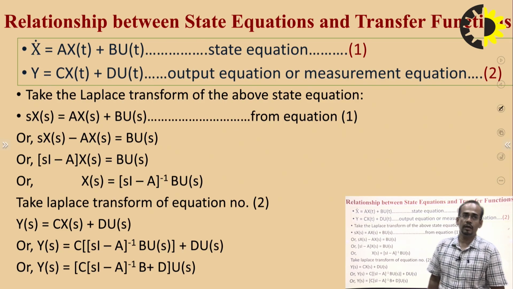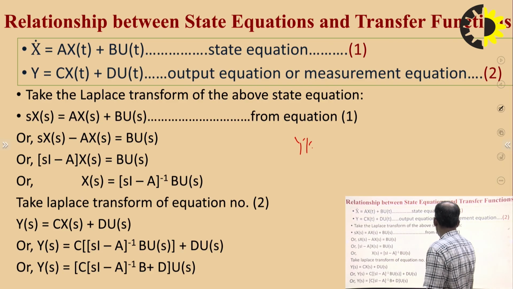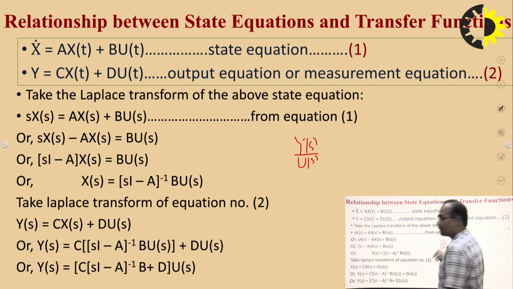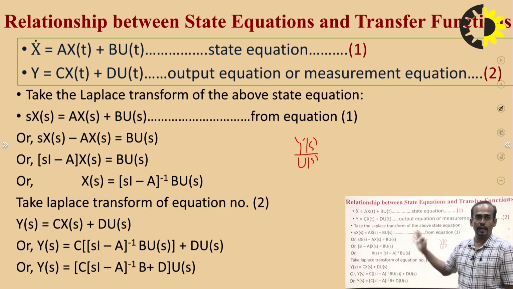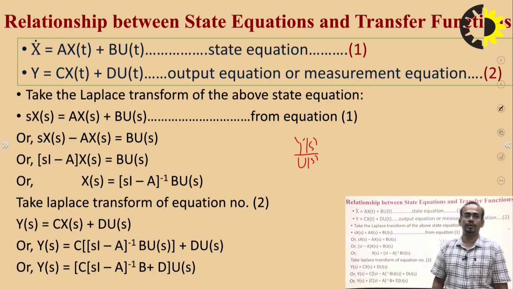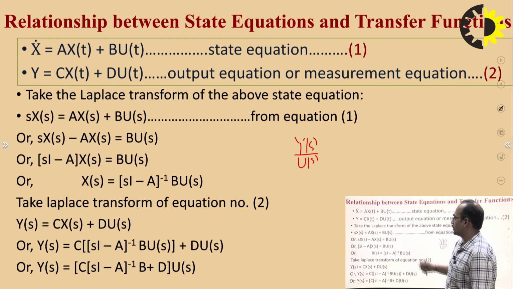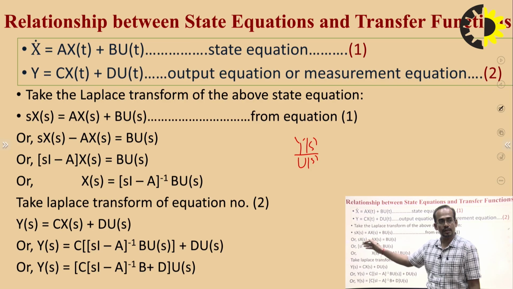First of all, I will take the Laplace transform of equation 1 for finding the value of Y(s) by U(s). There are basically two equations, 1 and 2. One is the state equation and the other is the output equation. For finding Y(s) by U(s), I will use both these equations. First, I find the Laplace transform of equation 1, considering initial conditions 0.